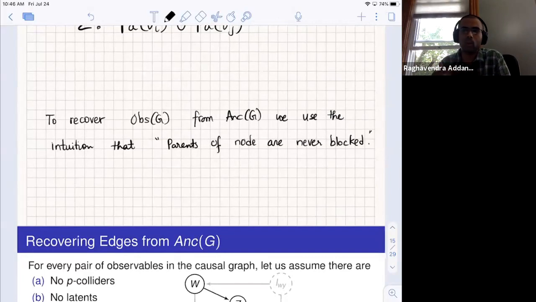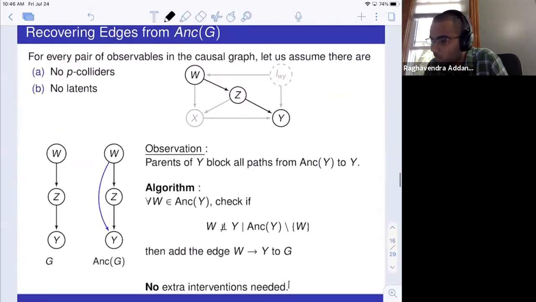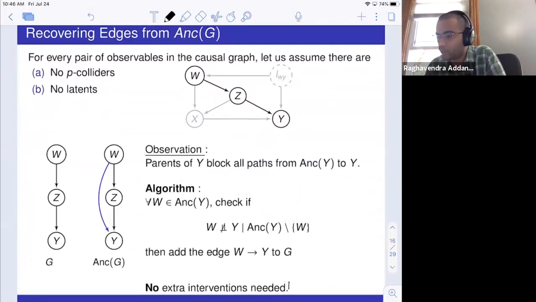There is no conditioning set which blocks the parents. For every other variable, we can at least try to come up with a conditioning set. We might fail, but we can try. But for parents, we can never block their influence.